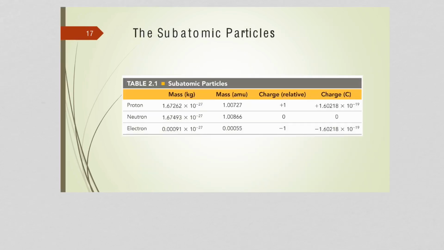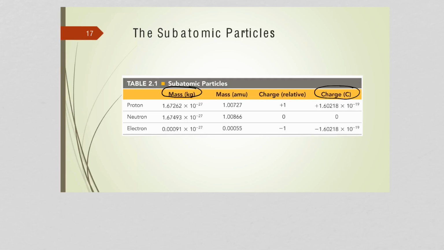So now that we have this picture, let's take a closer look at these three fundamental subatomic particles that make up the atom. If you look in this table, which just comes out of your book, we have listed the mass of these three particles and the charge of these three particles.